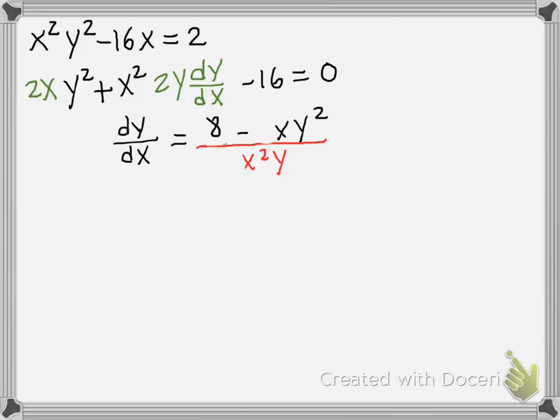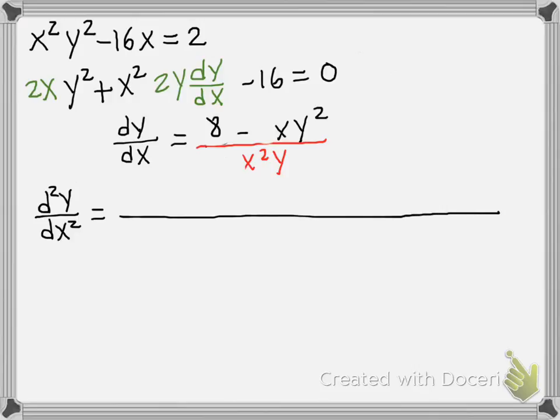Now we need to find the second derivative of y with respect to x, and because it's a quotient, we will apply the quotient rule. The quotient rule tells us that for the denominator we should get x squared y quantity squared.